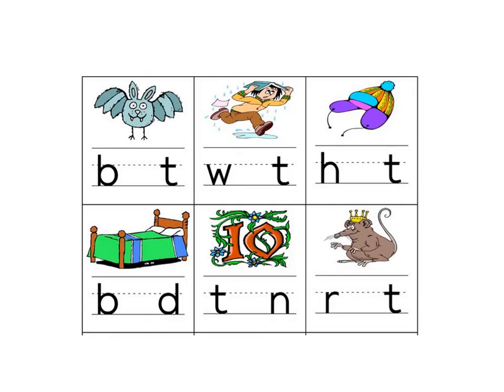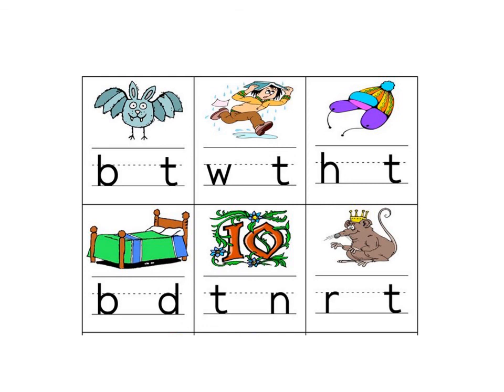So now I have here 6 pictures, and then we are going to write the correct vowels to complete these words, the CVC words. So we have bat. Okay, so what is the letter that we should put there? Is it A, E, O?